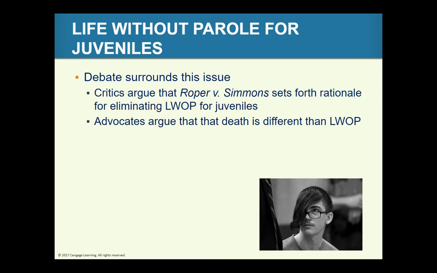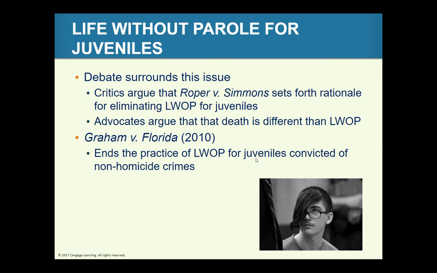It is estimated that just over 100 prisoners committed non-homicide crimes. Florida accounts for the overwhelming majority of these offenders. Graham v. Florida, 2010, is the case that ended the practice of LWOPs for juveniles convicted of non-homicide crimes.